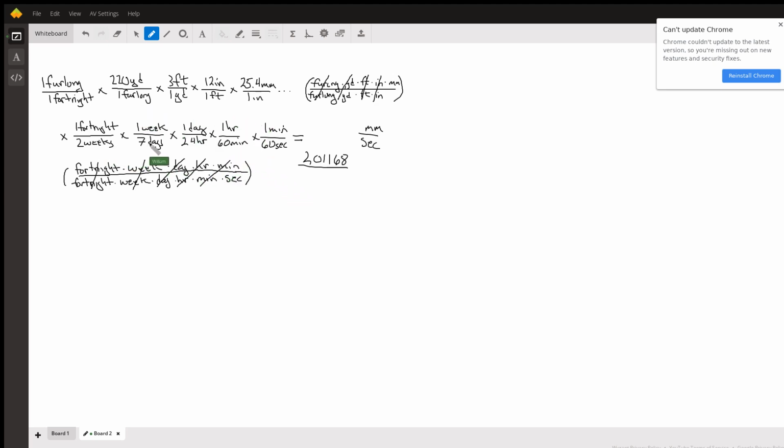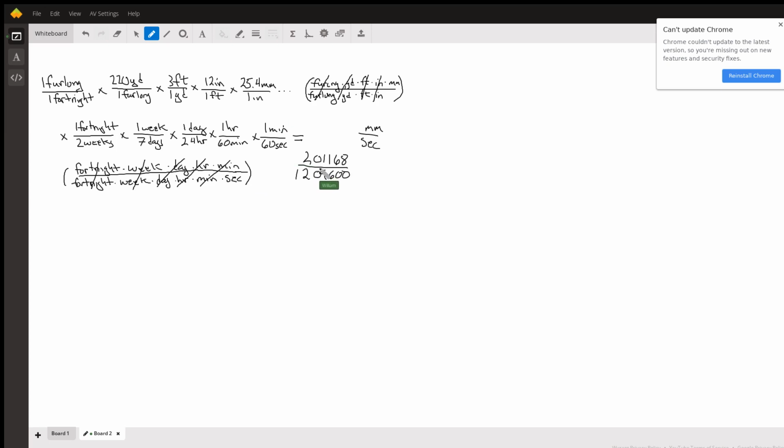And then it's 2 times 7 is 14, times 24 times 60 times 60. So that's 1,209,600, right? Those are just the products of the numerators and denominators, and I will just divide those.